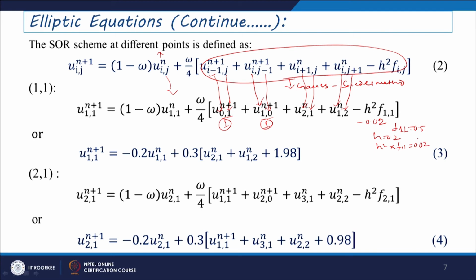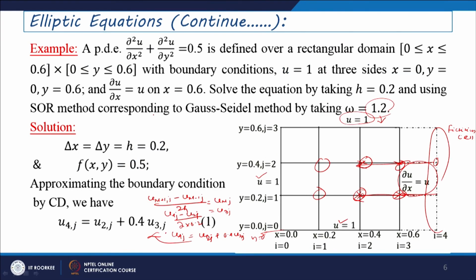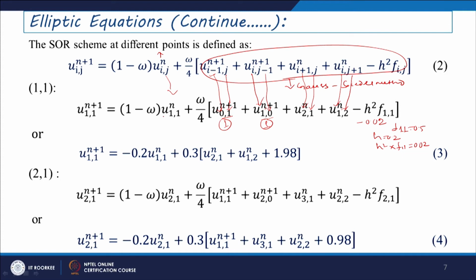And if you put 1 minus omega in compact form, omega is specified as 1.2. So 1 minus 1.2 is minus 0.2, multiplied by u11 to the power n, plus omega by 4, that is 1.2 by 4, which is 0.3, into u21 and u12, and this is the modified value 1.98 here.